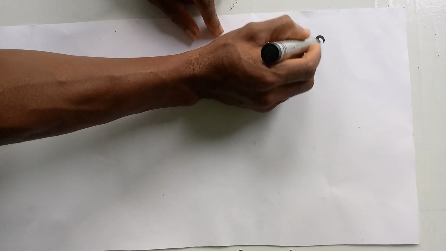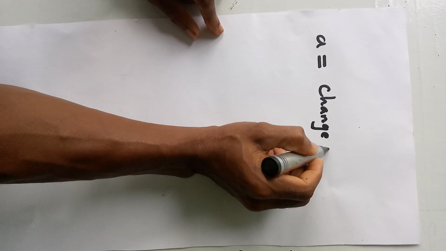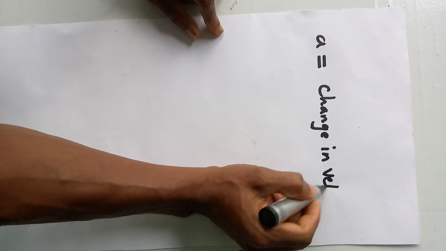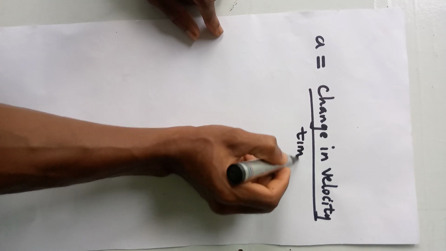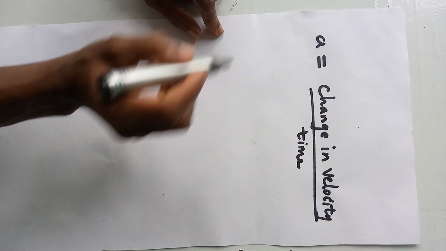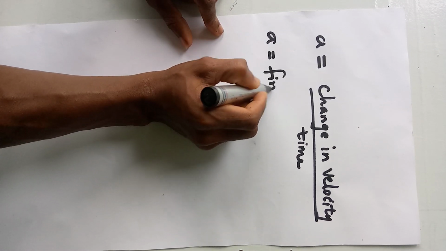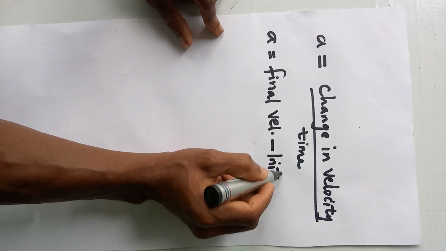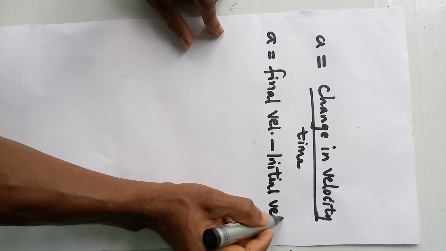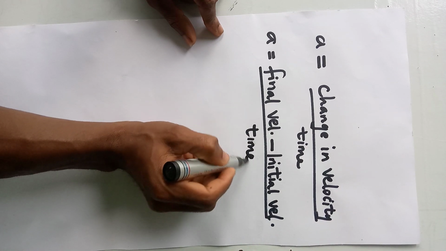Now, acceleration A is given by change in velocity over the time taken. So this can also be written as A equal to final velocity minus initial velocity all divided by the time.